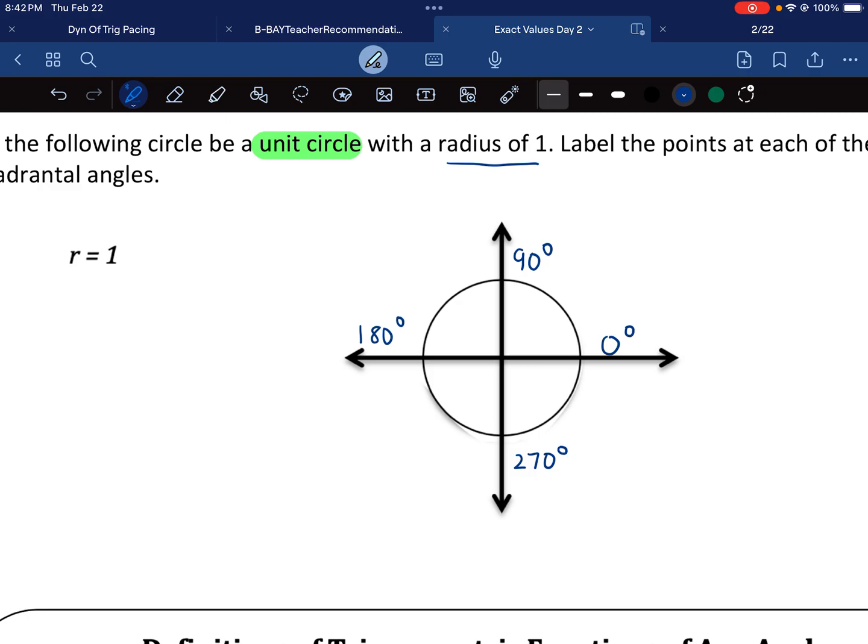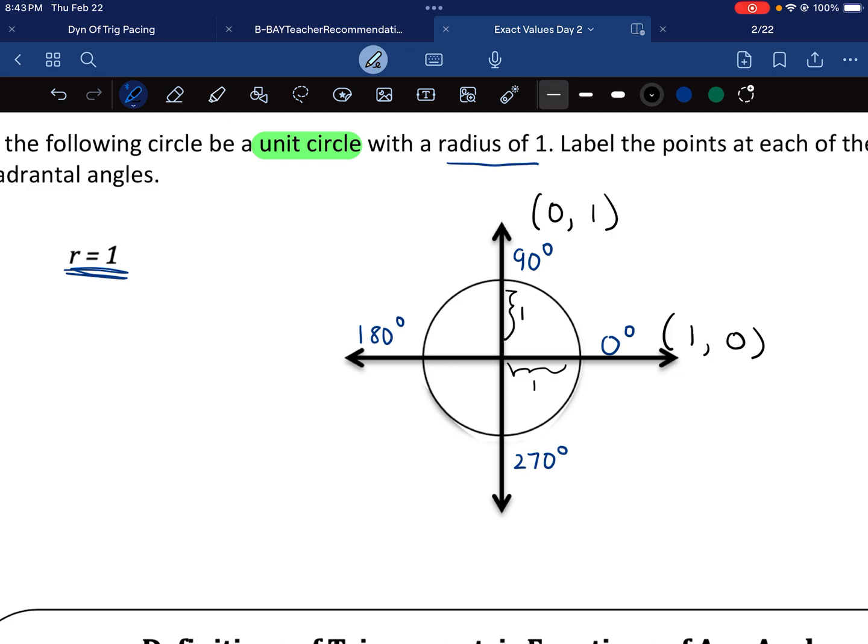If this has a radius of 1, what I want you to think about is that this distance is 1 in every single direction. So when I go to the right, I'm moving to the right 1, and I'm going up none. When I go to 90, I'm not moving left or right, but I'm going up 1.